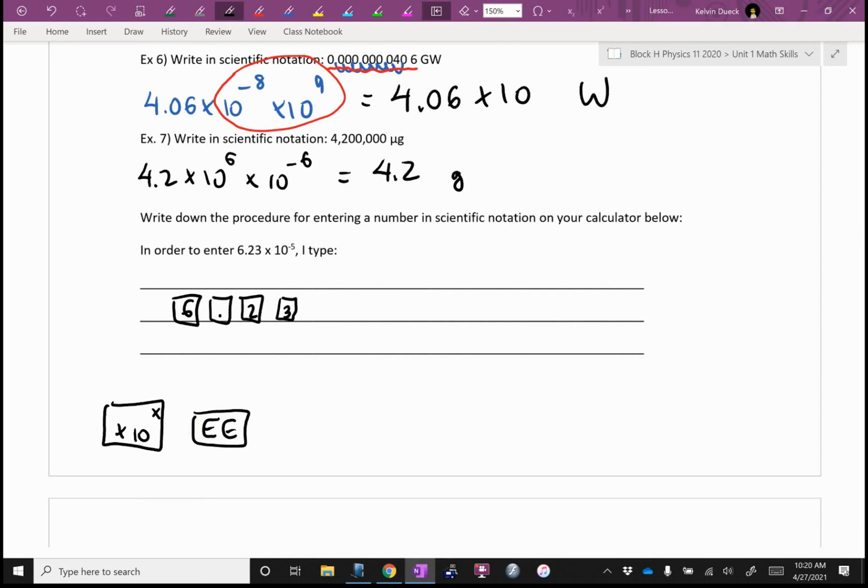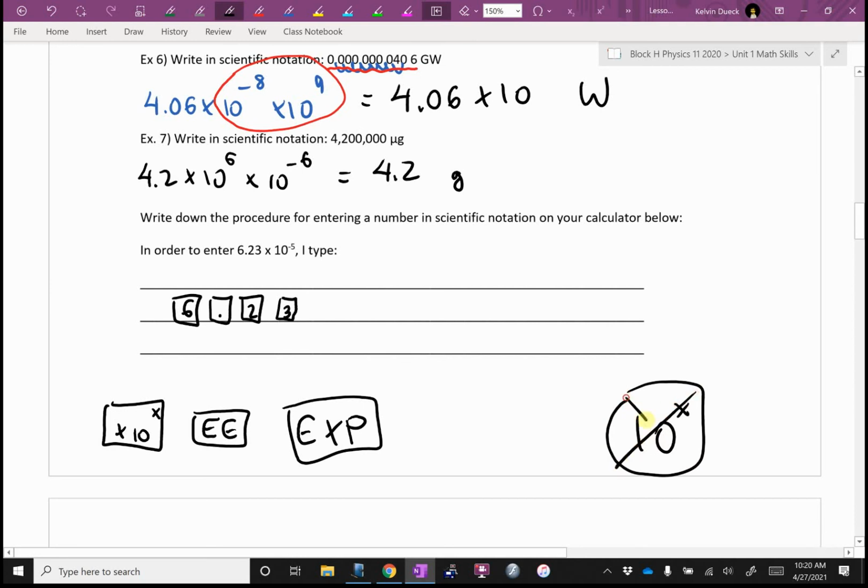Some of you might have a button that goes EXP. If you have that button, it's either right above the number 7 or in the bottom row in the middle. The button you do not want to use, don't do that.